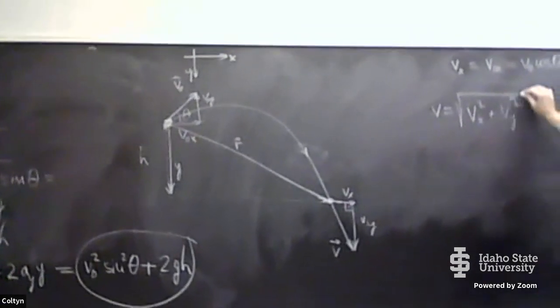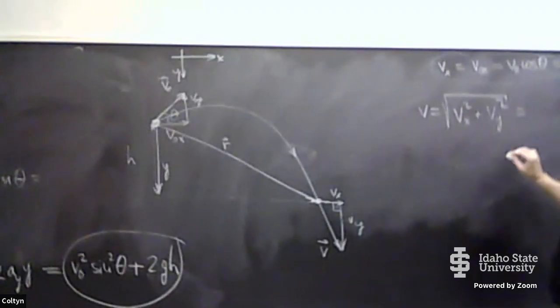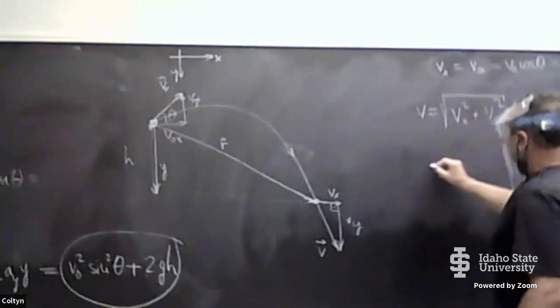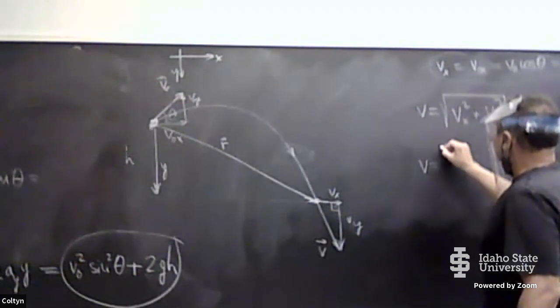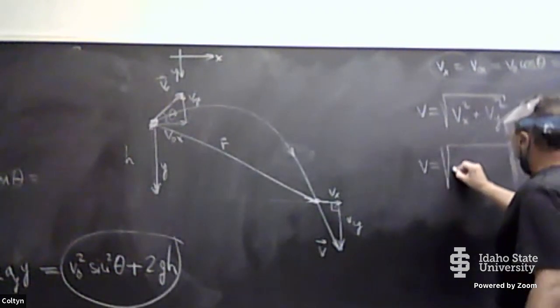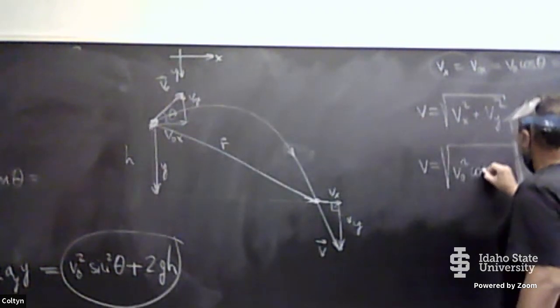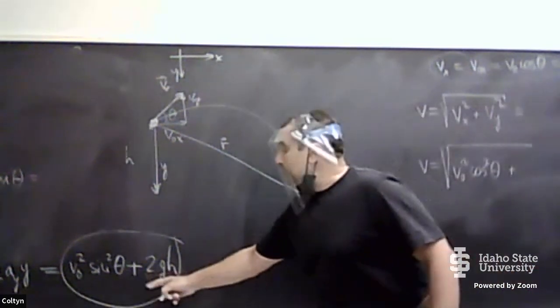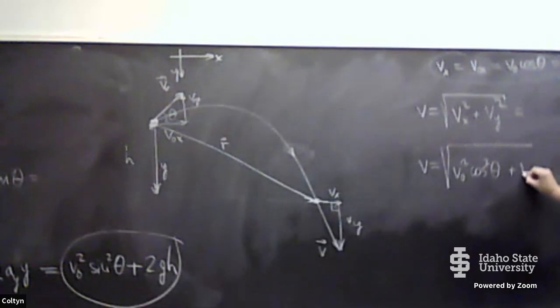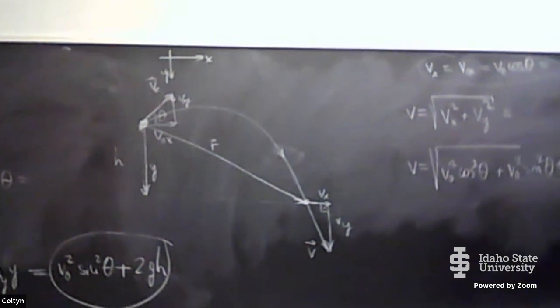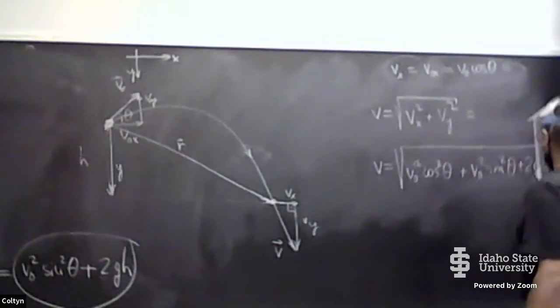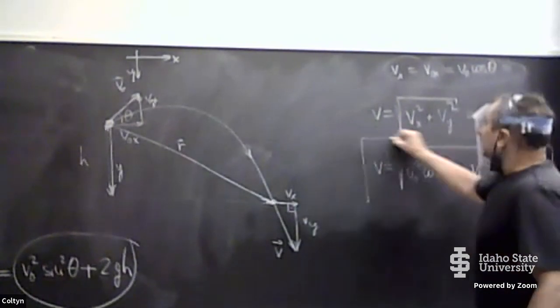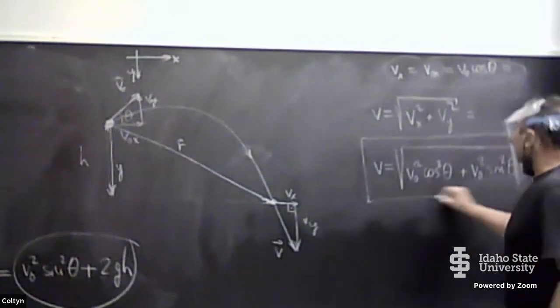In other words, I'll write it right here, final velocity is the square root of Vx squared, which is V naught squared cosine squared of theta, and Vy squared is this expression, V naught squared sine squared of theta plus 2gh. Everything here is under the square root. This is the magnitude of the final velocity of this fuel tank.